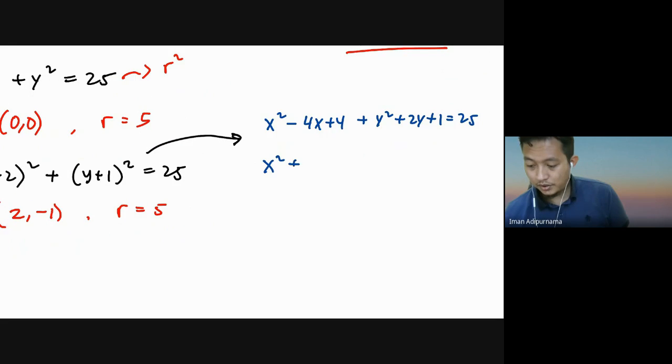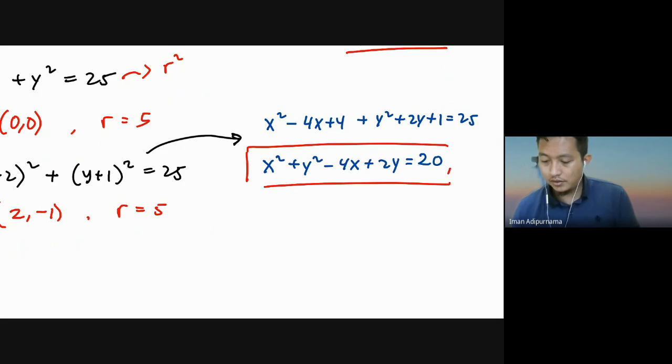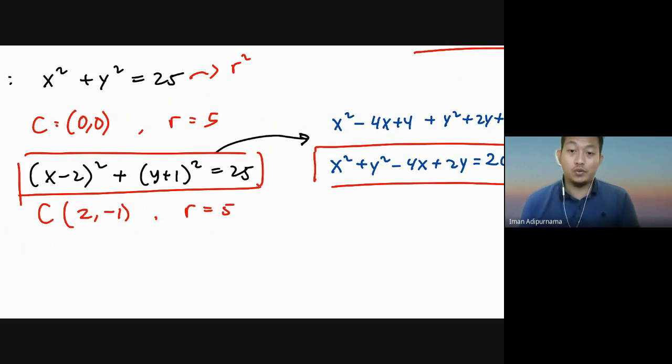So x squared plus y squared minus 4x plus 2y equal 20. So we can write the equation like this. We have two different forms, but the same circle.